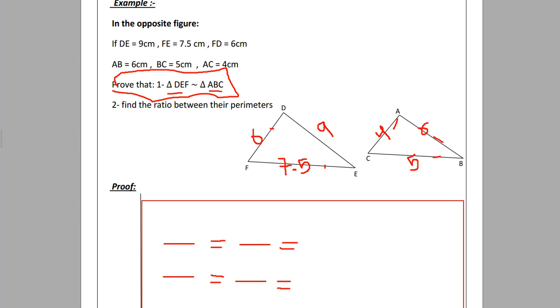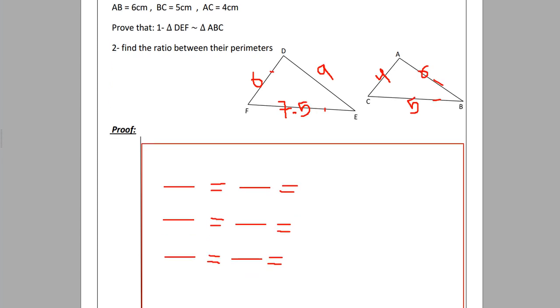So how can we prove that? Focus with me. To prove that, we will use these sides. We will make a fraction, dividing each side over its corresponding side to get the ratio between them, and then the next side over its corresponding side to get the ratio, and so on.